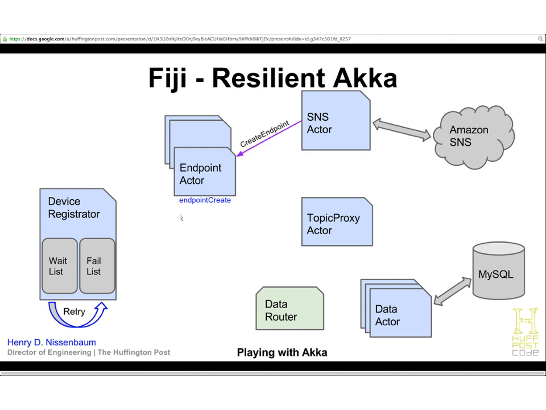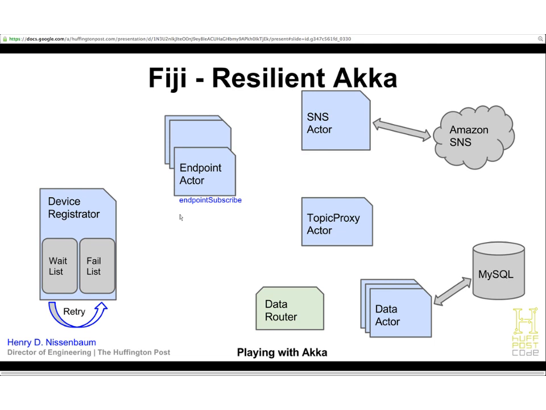We get it, and we move on with the next couple of steps. We send the SNS actor a message to set some attributes, to actually set some parameters and values back at SNS. We also, at the same time, send ourselves a message looking up whether or not we've got a subscription already. And with that, we change states to the endpoint subscribe state.